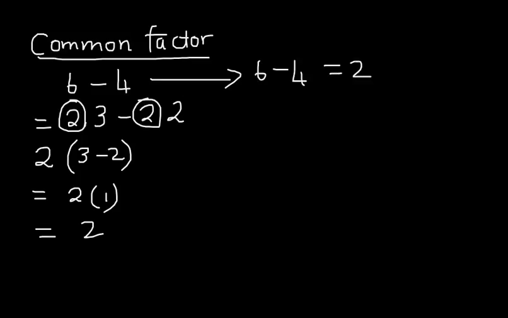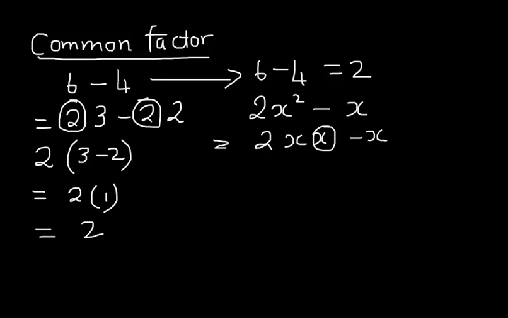Now in the same way, we're going to do it with letters. Say you have 2x squared minus x. Then you have actually 2x times x minus x. Then you take out the 1x, so that gives you 2x.